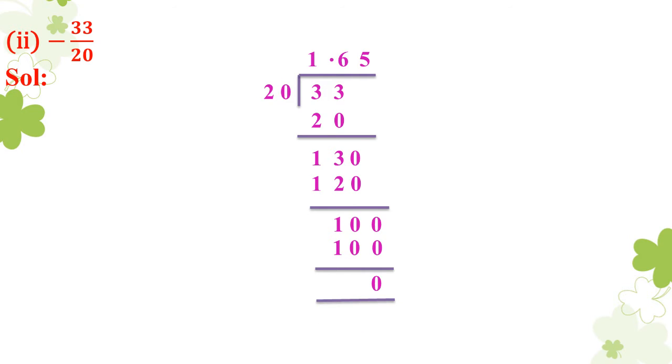When we divide minus 33 by 20, we get the answer minus 1.65. In this case, we get the remainder 0 and the division ends. So minus 1.65 is a terminating decimal number, as the decimal terminates or ends after a certain value. This is a terminating decimal.